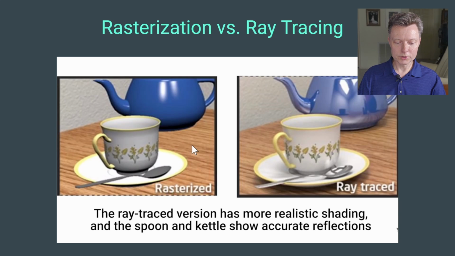So if you just define your scene and say, I want a teapot here, you would have to provide the 3D model of it, of course, but let's say I want the teapot here, I want a table, and then I want the teacup and spoon on top of the plate and the wall in the background. And I want the light source up here somewhere in the ceiling. And basically this is what you would get if you didn't do any extra work with rasterization.